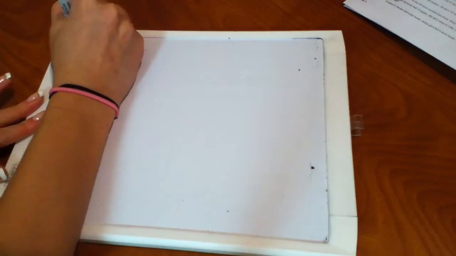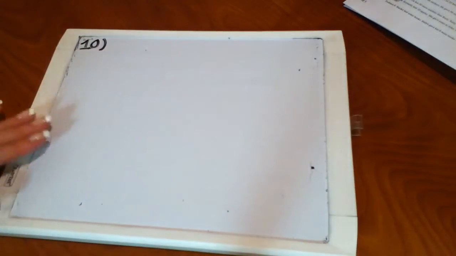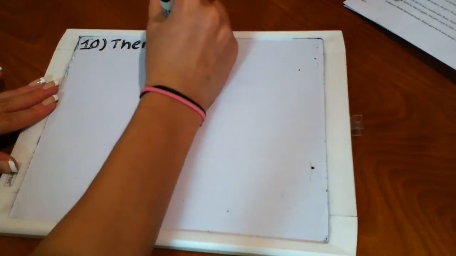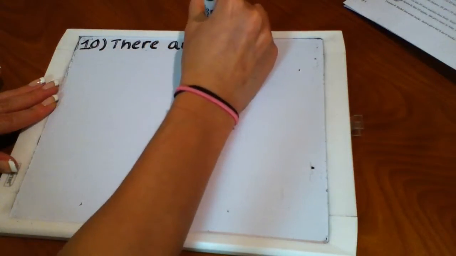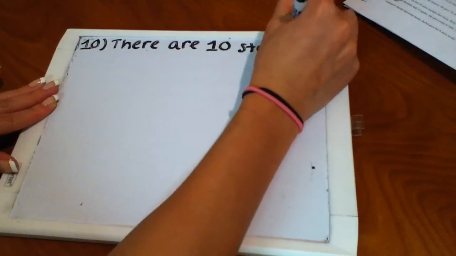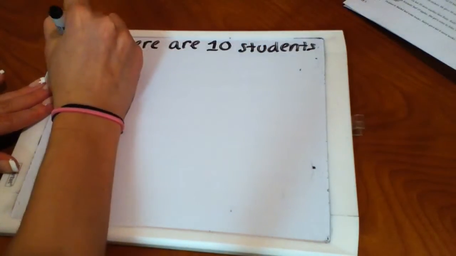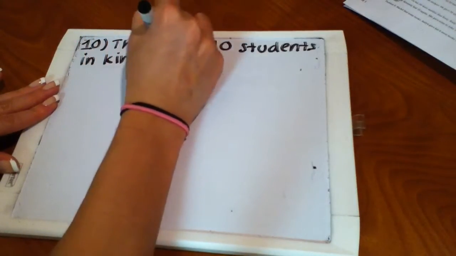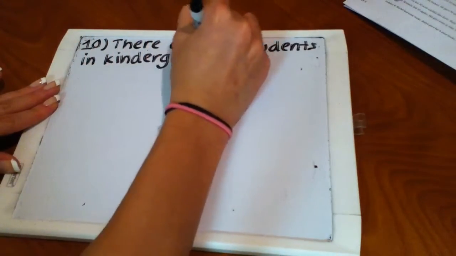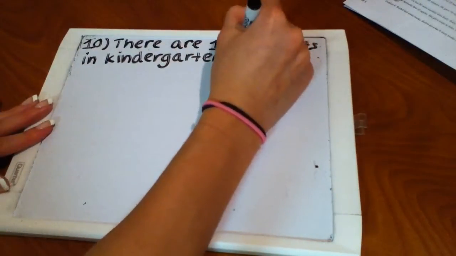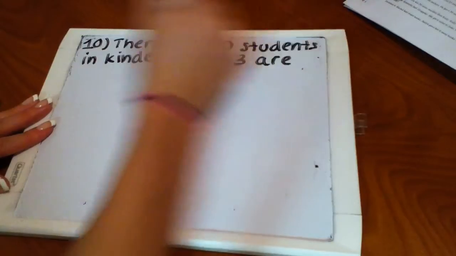So our next problem is problem 10, and it says there are 10 students in kindergarten. 3 are boys.